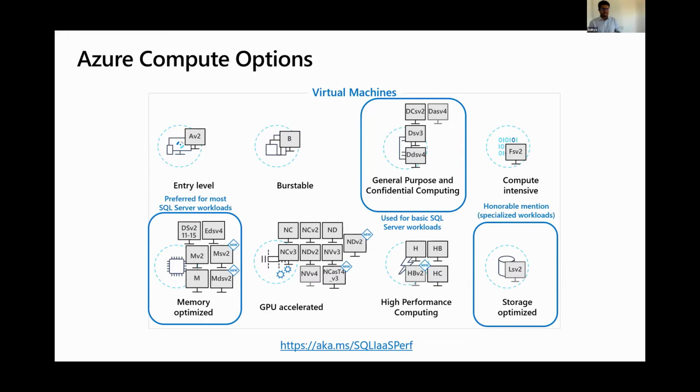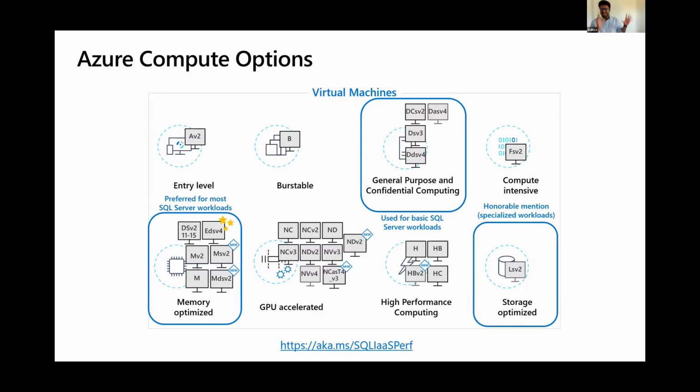But there are other virtual machines too, like DSV2, which are purpose built for different things. But because we know how SQL Server runs, and we are from the product group, we tested which VM is most suited for SQL Server workloads. We have done extensive tests, and that's where the sprinkles come.